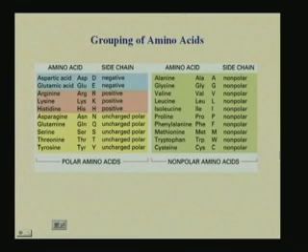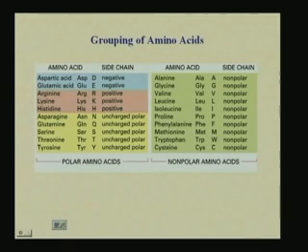Now what we see on this slide are groupings of amino acids. We mentioned some groupings last time, when I showed you the individual structures of the amino acids, but these are extremely important in the properties of the proteins, in the catalysis of the enzymes, in their functional properties, in their surface properties.